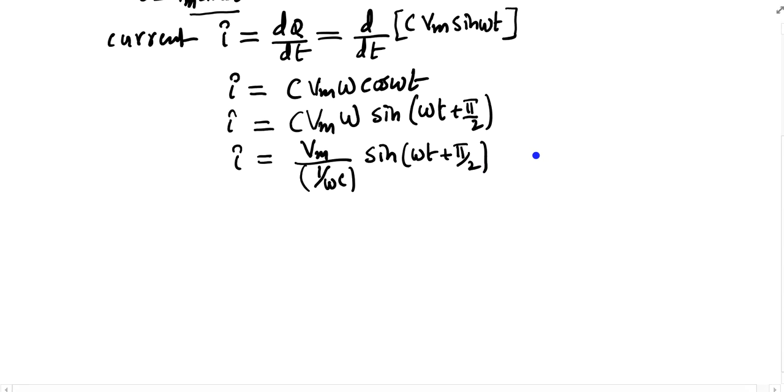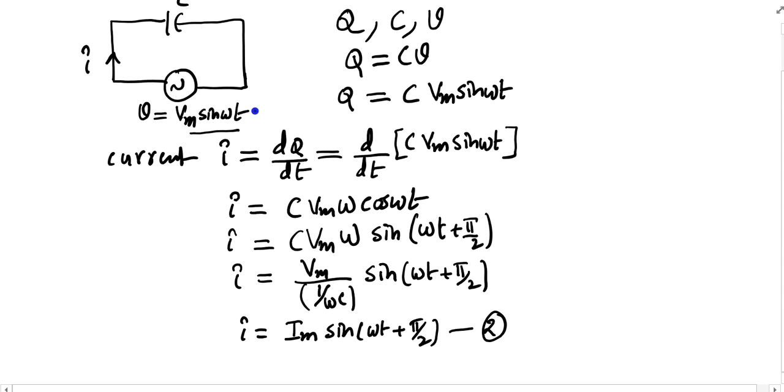So I can write I is equal to Im sine of omega t plus pi by 2. This is my equation 2 and this is my equation 1.